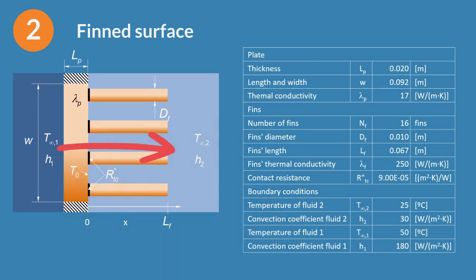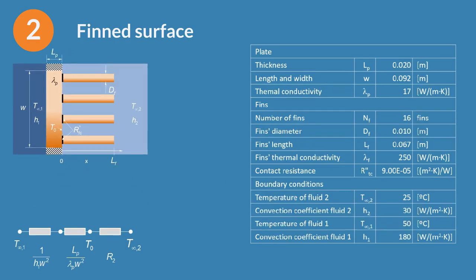In this exercise, we are interested in calculating the heat transfer rate between fluids 1 and 2. For this, we can use the electrical analogy with 3 thermal resistances in series. The thermal resistance for convection in a plane surface, as well as the thermal resistance for conduction throughout a plane wall, are well known.